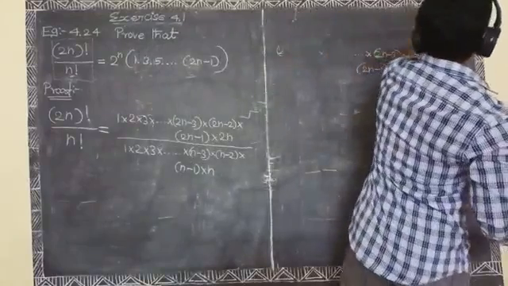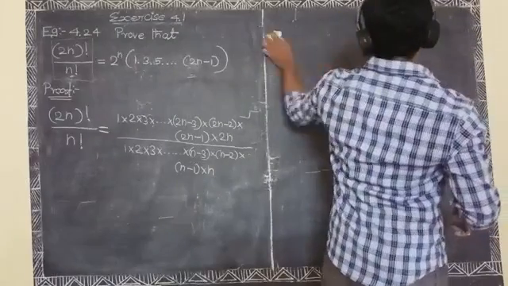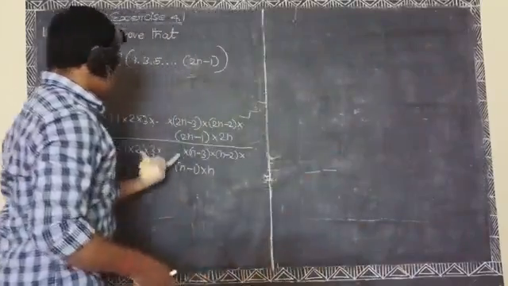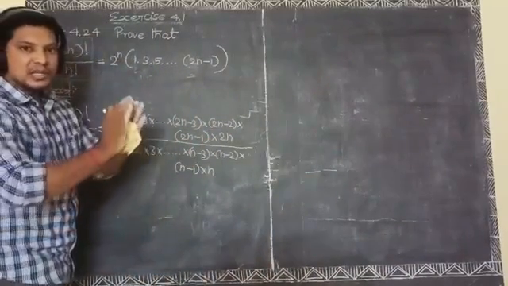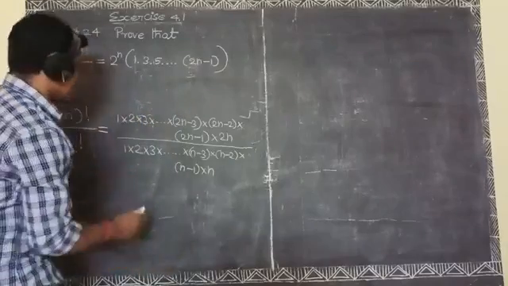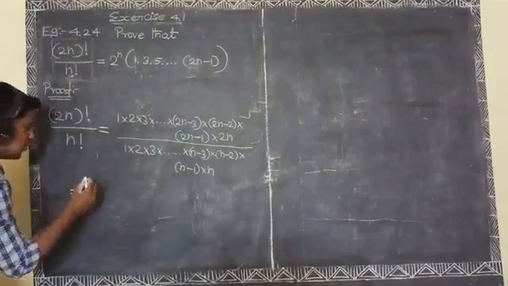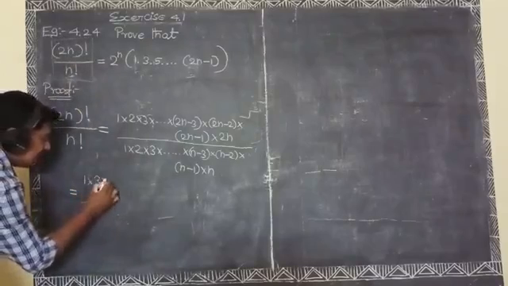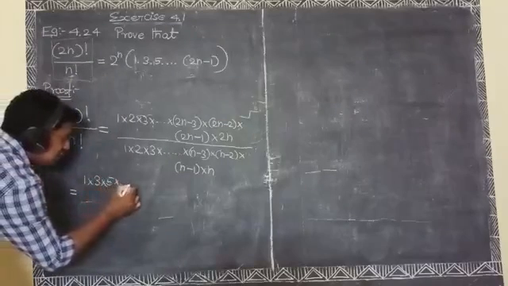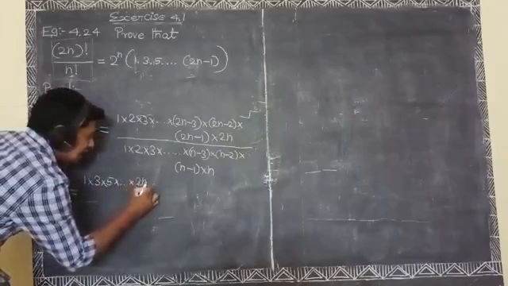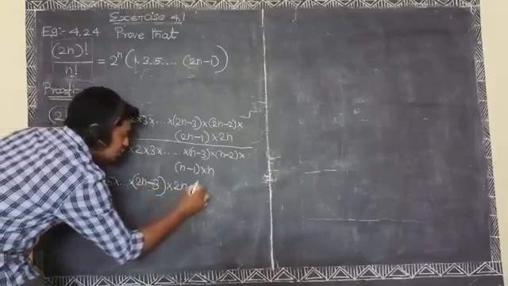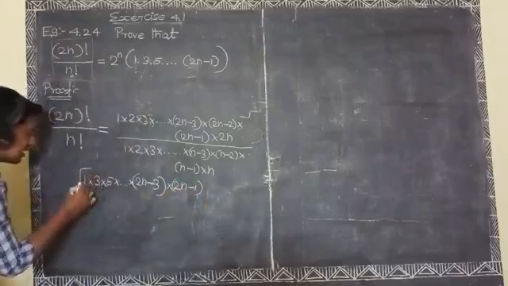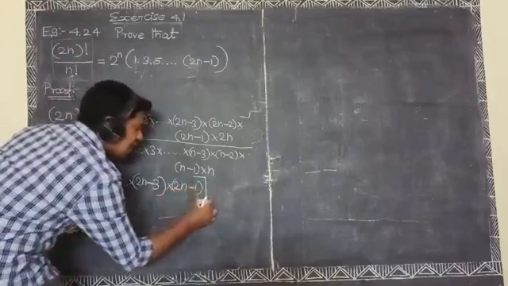Then in the numerator, group the odd numbers and even numbers separately in the product. The numerator has 1 into 3 into 5 into and so on into 2n minus 3 into 2n minus 1. This is called the product of the odd numbers.